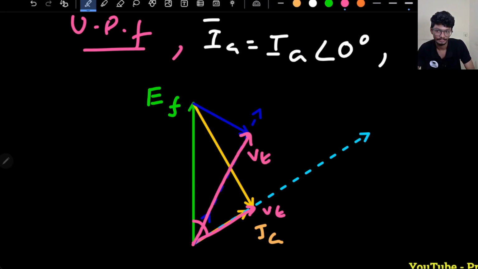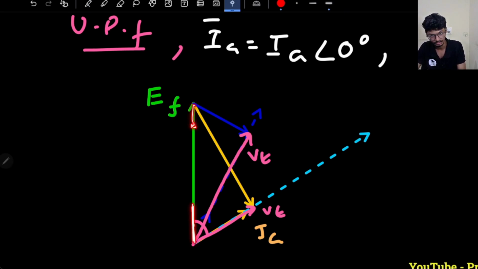So basically what is happening is that VT will follow the locus of a semicircle. If EF is here, when IA is along EF, the same drop, VT will be somewhere here.